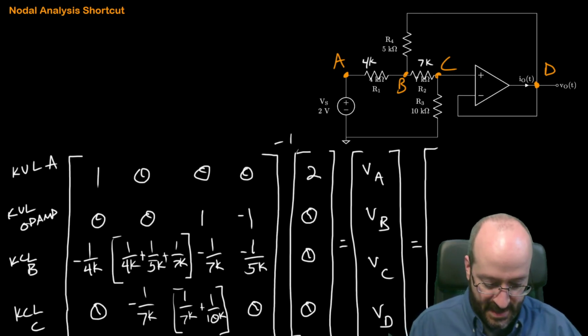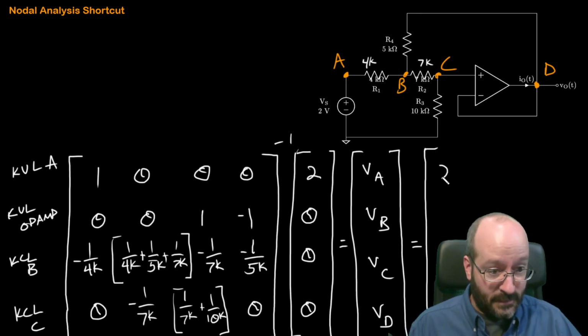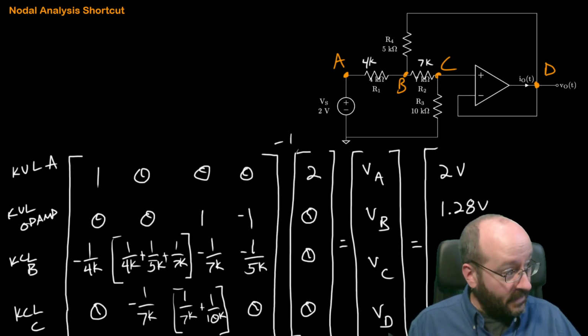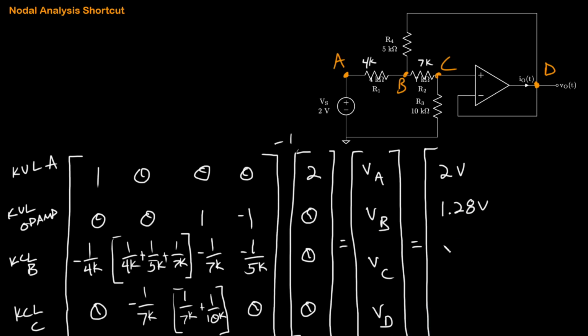Okay, so from that I get 2 volts. I'm going to have to duck. 2 volts, 1.28 volts. These feel familiar. I'm going to make myself disappear. 751.9 millivolts.